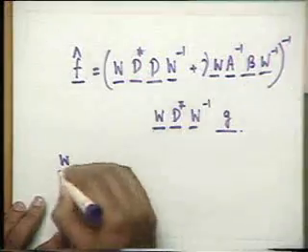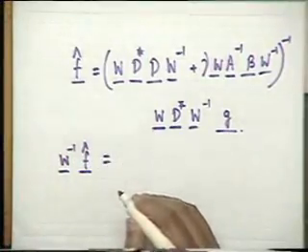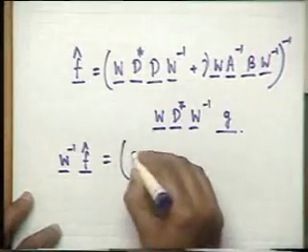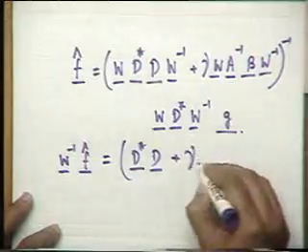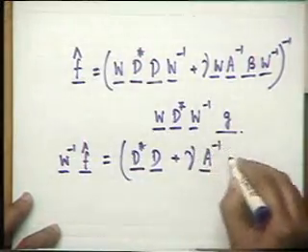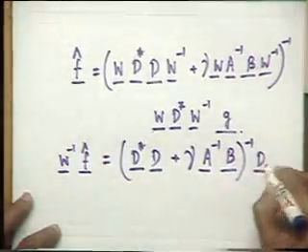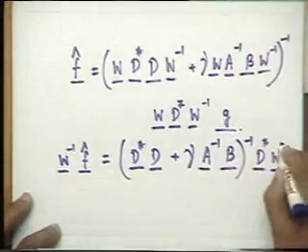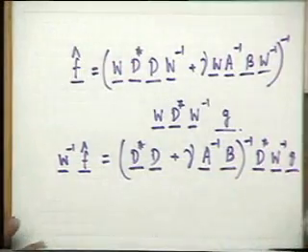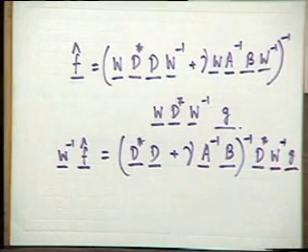So what we will get in the process is W inverse f hat equals (D star D plus gamma A inverse B) whole thing inverse, D star, W inverse G. Now try to interpret this physically.